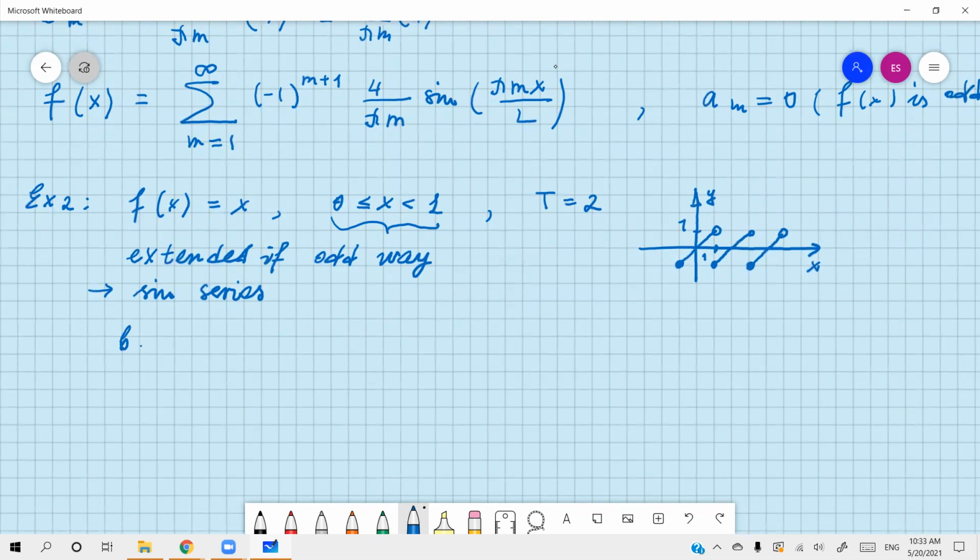So the bm coefficient is going to be what? 2. What is my L? Well, my whole period is equal to 2L, from where L equals 1.